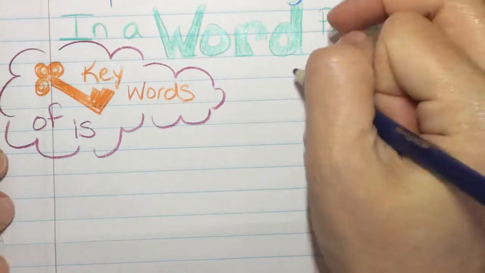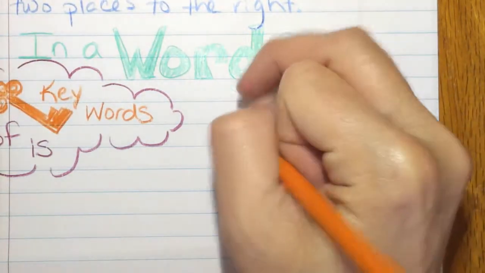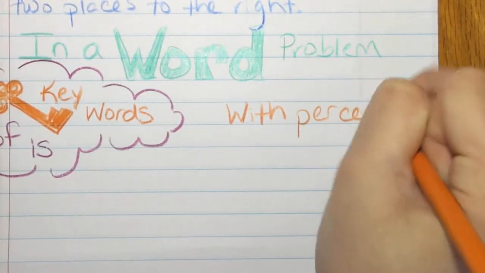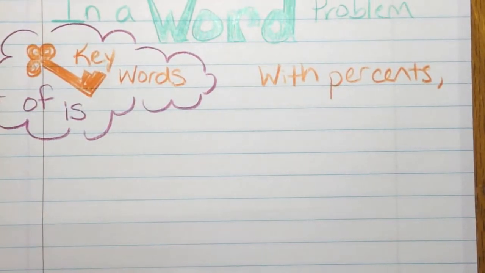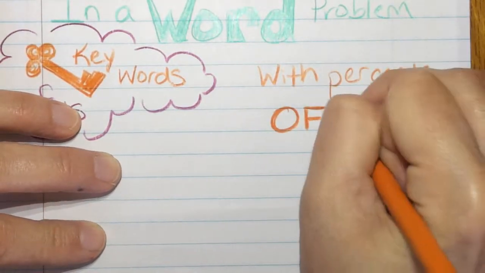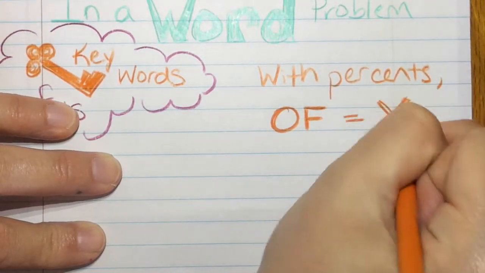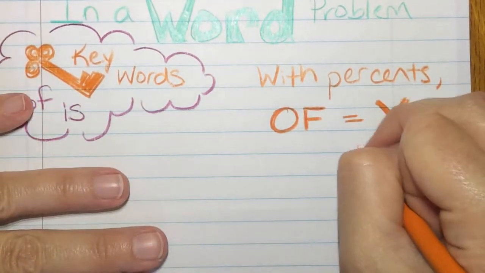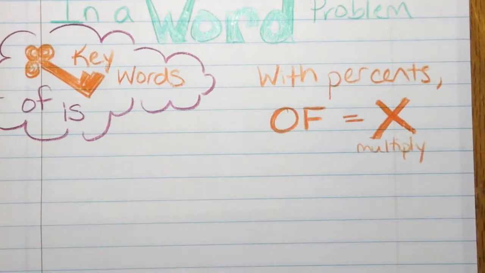So when you're dealing with percents, let me go back to this orange. With percents, it might work in other cases, but it always works with percents. Of means to multiply. Multiply. Okay.